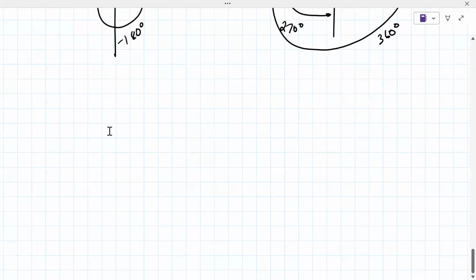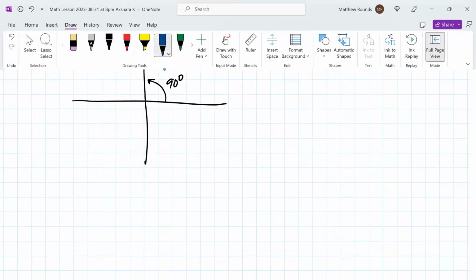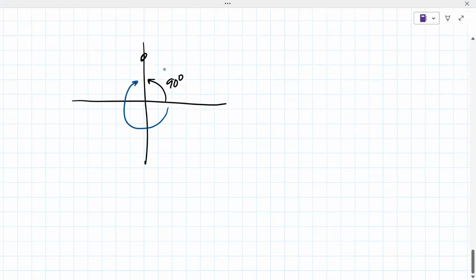Let's talk about this a little bit more. Let's say you're up here, which is 90 degrees. How do you get there going the other direction? How many degrees negative is it to get there? Negative 270, yes.